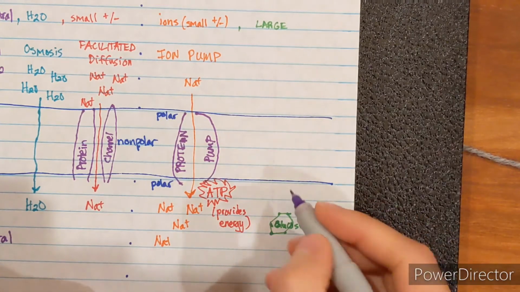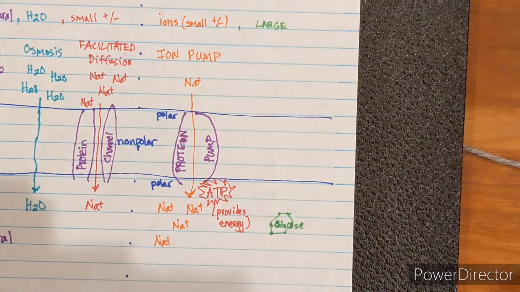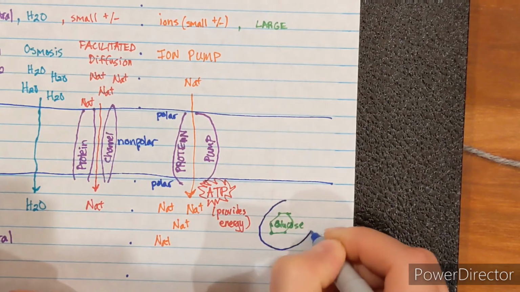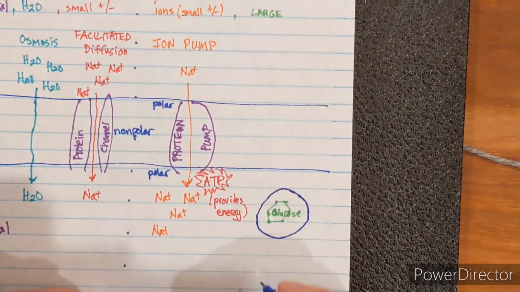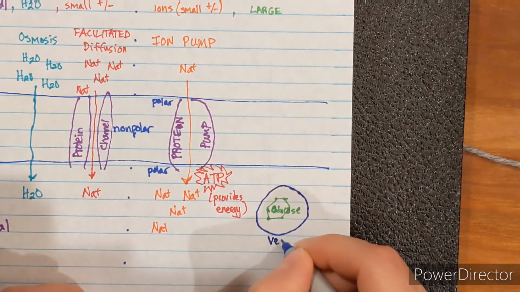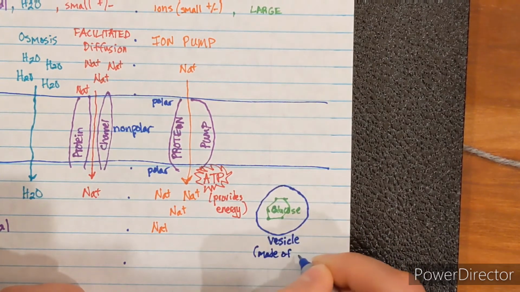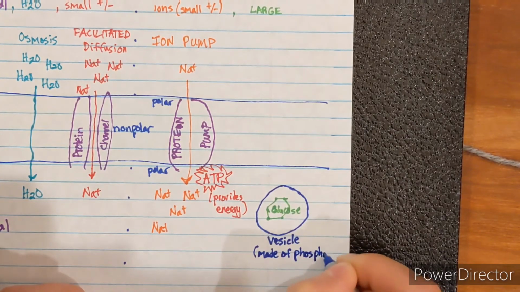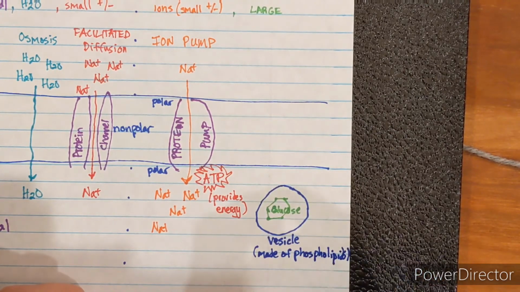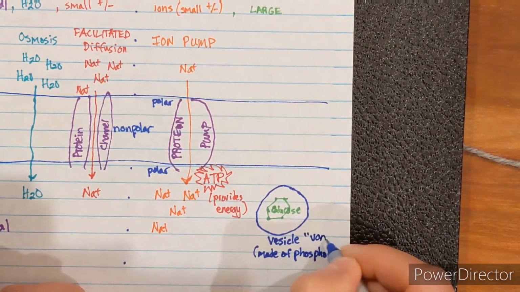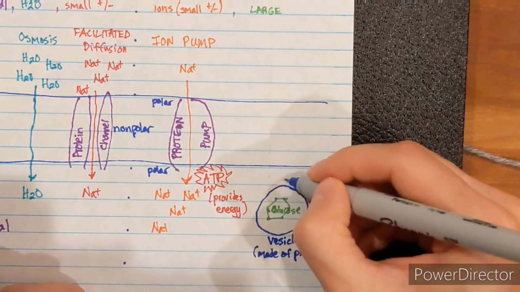Our glucose molecule, in order to be transported, is going to be surrounded by a vesicle, which is just a sphere shape of membrane. Also made of phospholipids. I sometimes call these my vesicle vans because they're going to drive right on up to the membrane.